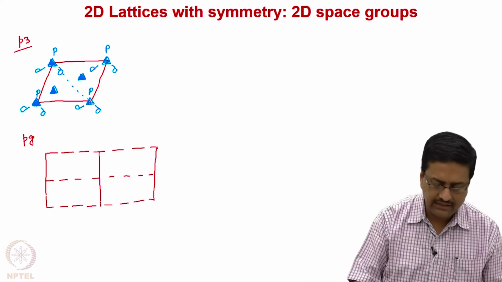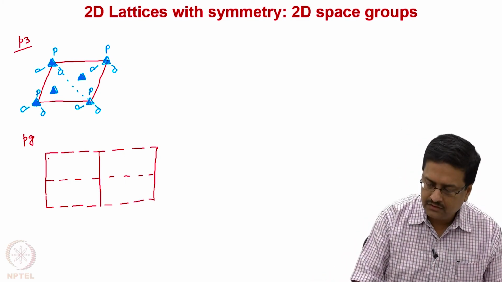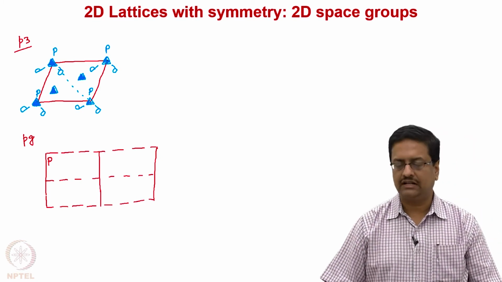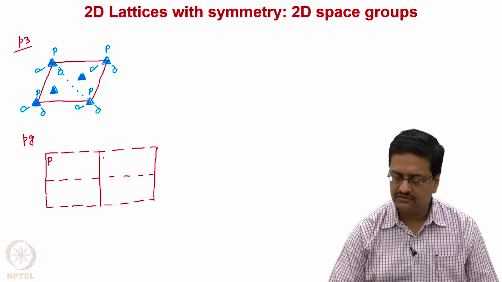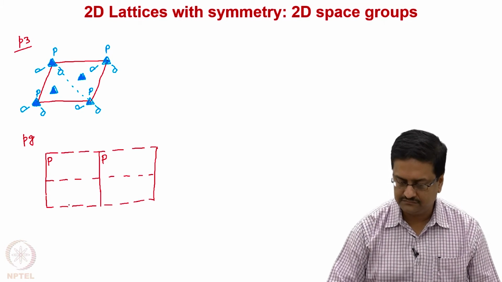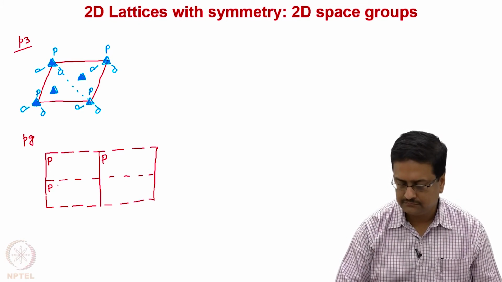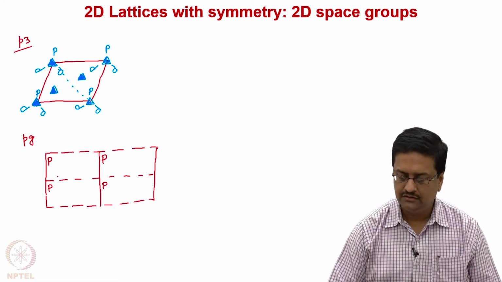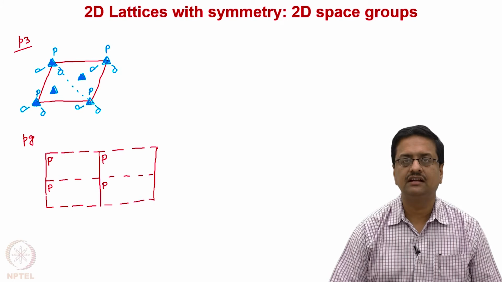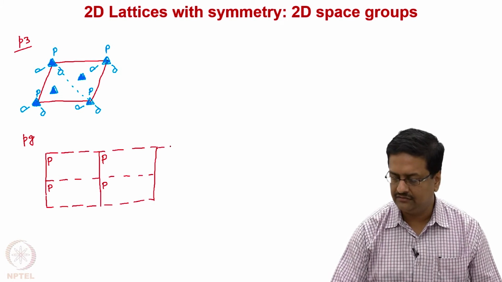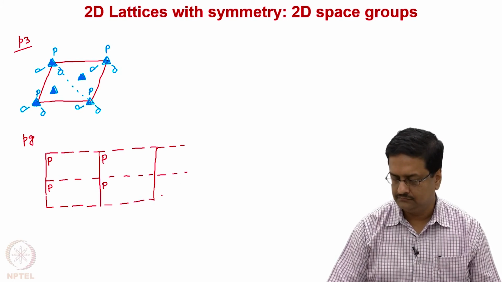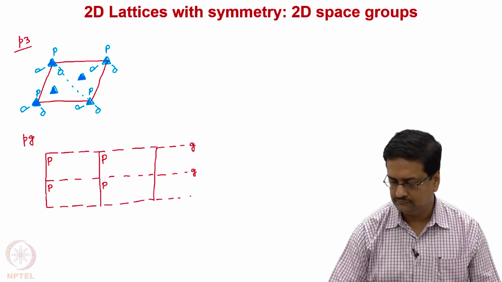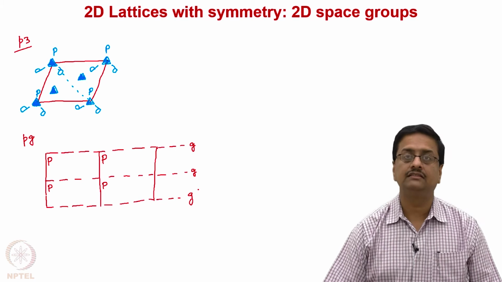So now if I have my object which is here, what I am going to do is I am first going to draw the translation related objects. And then we will draw the objects which are related by the corresponding glide which is here. What is a glide plane?